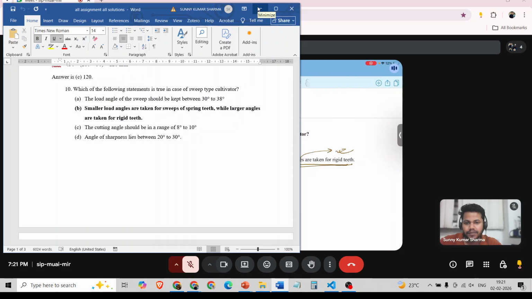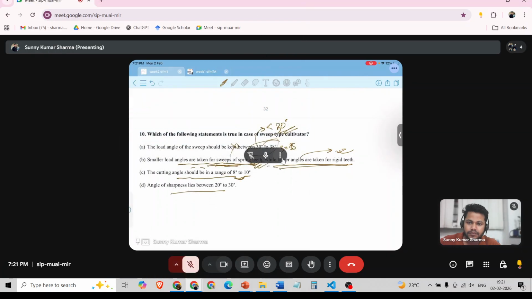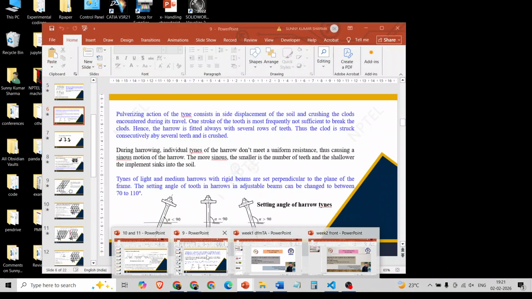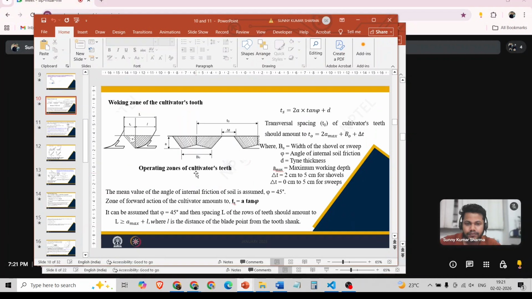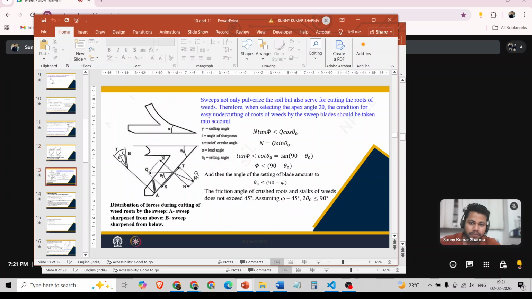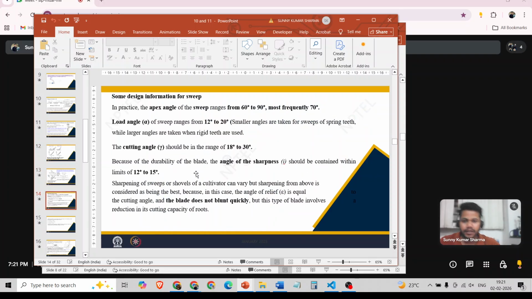Cutting angle and angle of sharpness. Cutting angle should be 18 to 30 degree. You can note down: cutting angle should be 18 to 30 degree, and angle of sharpness should be 12 to 15 degree.